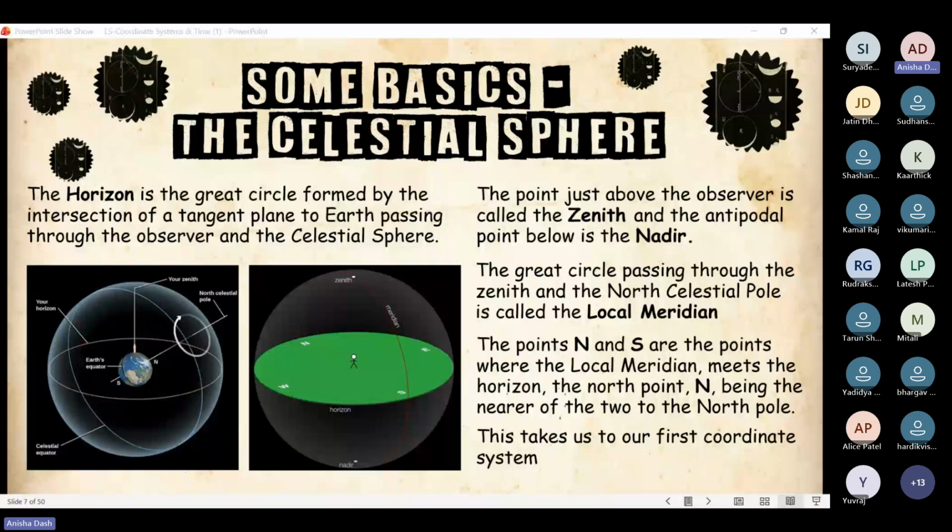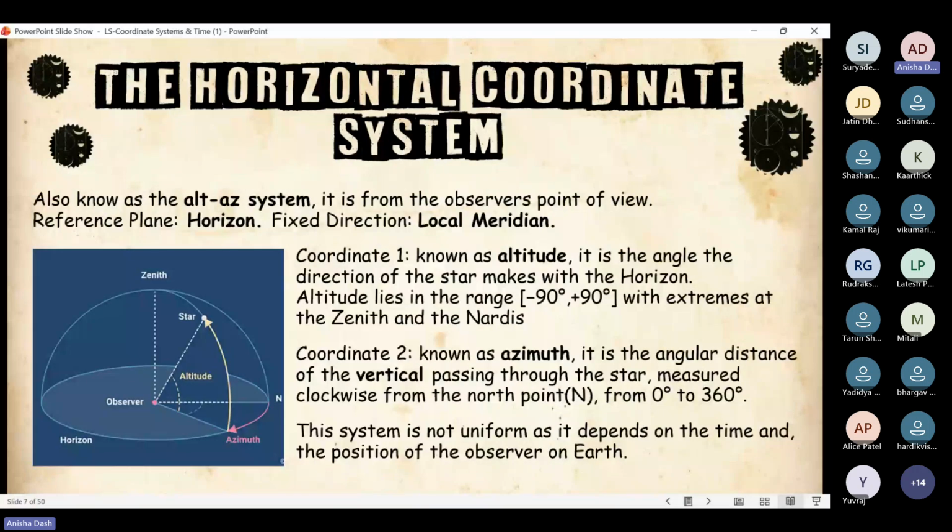So if an observer is in America, their zenith varies from your zenith, and because of that, the local meridian will also change. It's also perpendicular to the horizon, so it's not a constant thing, it's observer dependent. So is the horizon. All of this depends on the observer, which is why the horizontal coordinate system cannot be used as a standard. Is it clear? Yeah, it is.